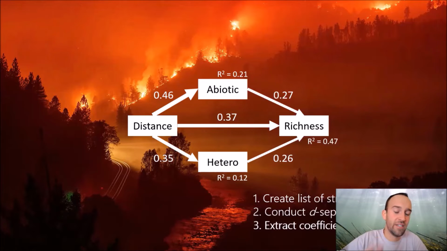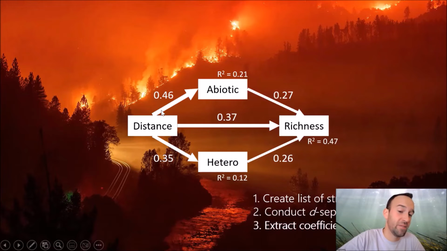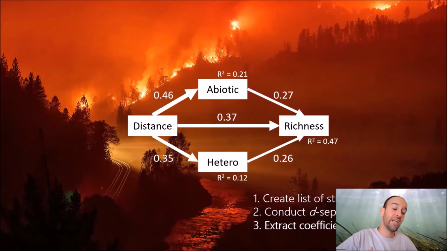Ergo, we've now gone on to extract the coefficients from them, as well as the R-squared, and you can report them on the path diagram like this. And I would just note that the convention here is that the width of the arrow is scaled by the magnitude of that standardized effect, so that the larger the arrow, the stronger the relationship is between those variables.